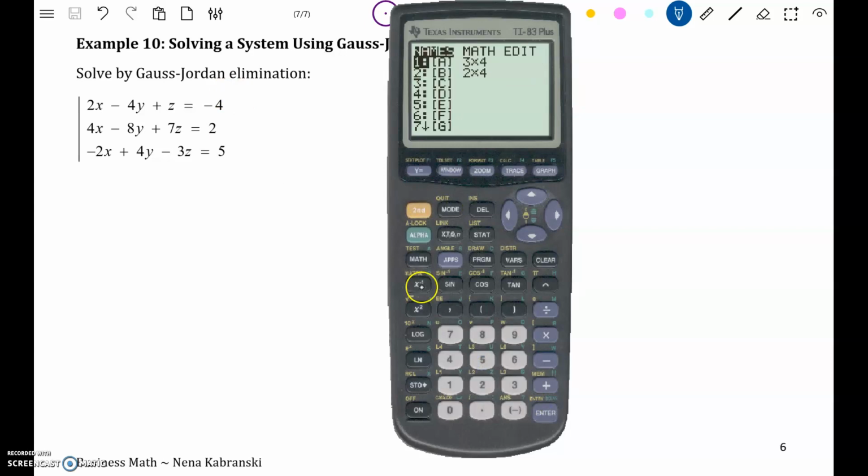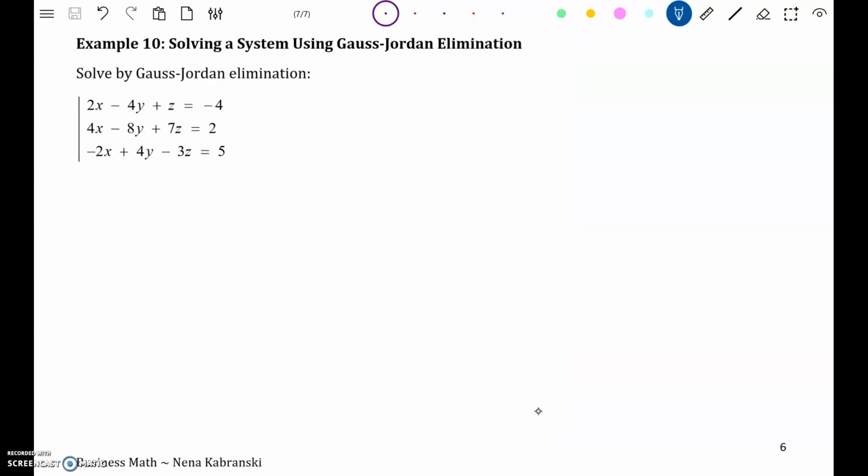Second matrix, go to math, scroll down to RREF, which is the reduced row echelon form of matrix A, and the result is 1x minus 2y is equal to 0.